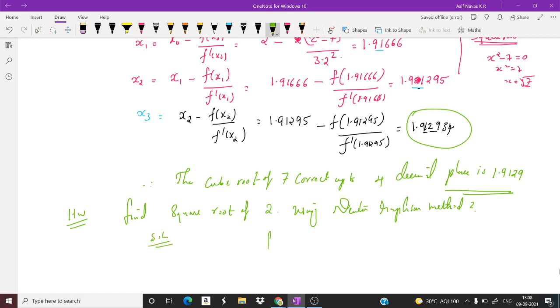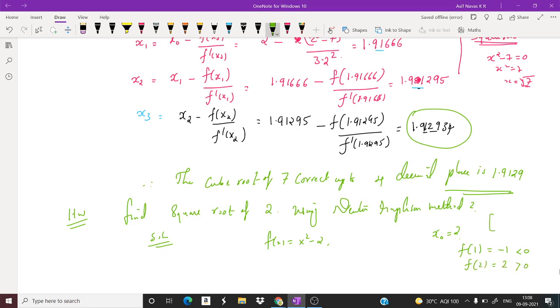So this is your homework solution. You can take f of x as x square minus 2, and you have to find out x naught. You can take 1 and 2. If you put f of 1, you will get minus 1, less than 0, f of 2 greater than 0.